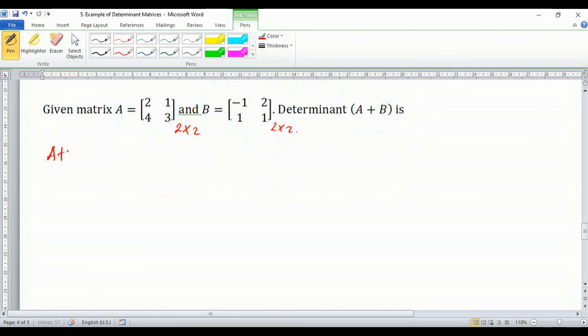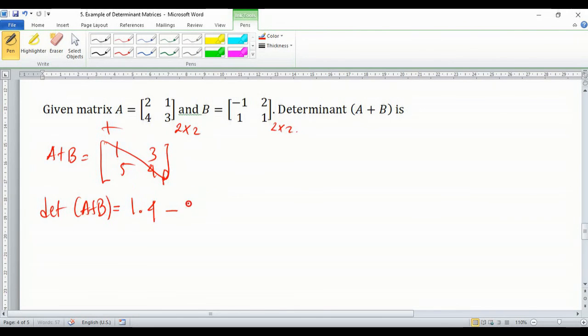So A plus B is equal to 1, 2, 3, 5, 4. So from here we can find the determinant of A plus B. It's equal to 1 times 4 minus 3 times 5. This is 4 minus 15, equal to minus 11.